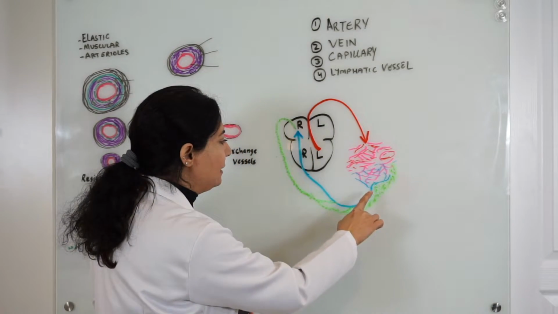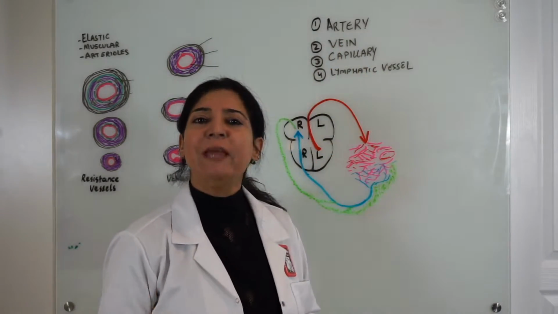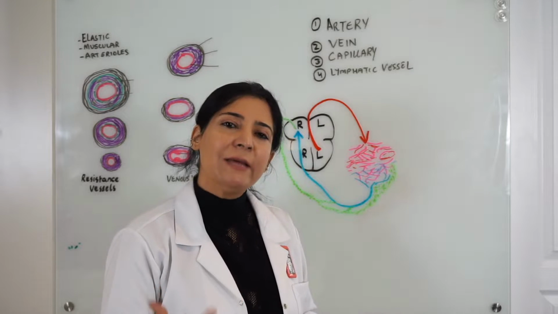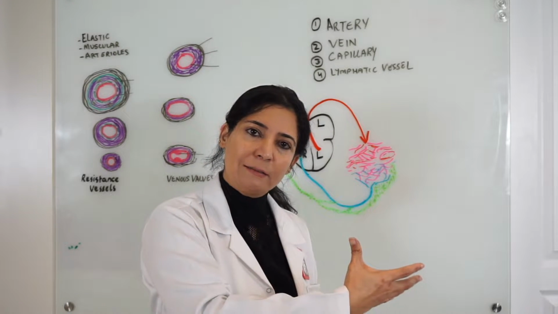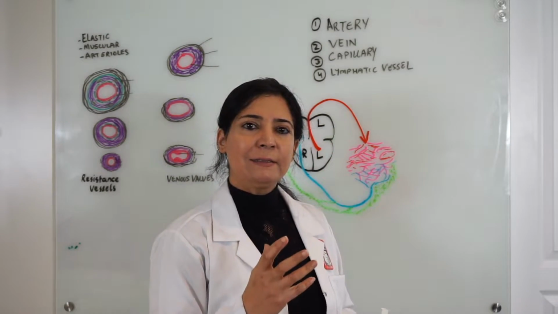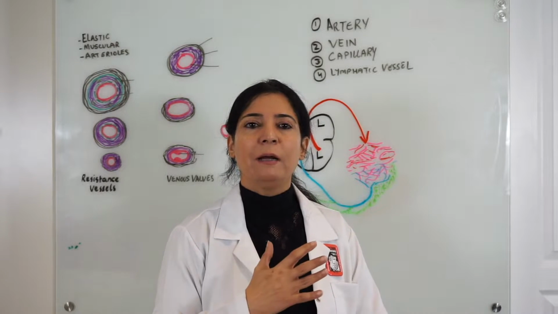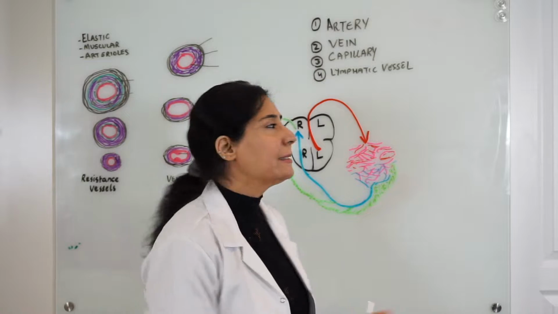So these vessels are known as the veins. So the second component is a vein. A vein is a vessel which is bringing blood towards the heart. Then we have a third type of vessels which are very minute. They are almost invisible, microscopic vessels, and they are known as the capillary.